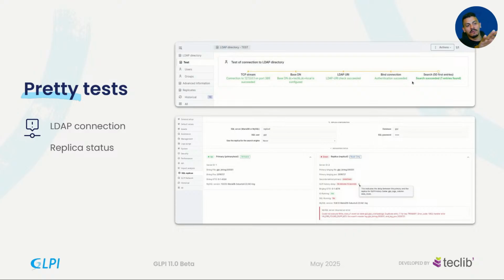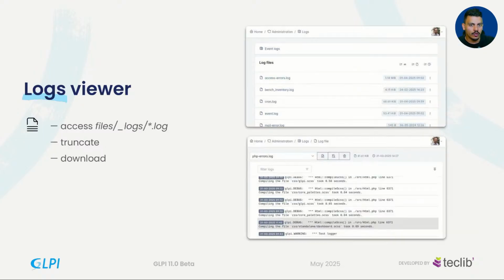Now you can just get a hint on where the problem is between the synchronization of your LDAP connection or your SQL replica. It's also something for cloud instances where you don't have access to or you don't want to give access to consoles of servers.